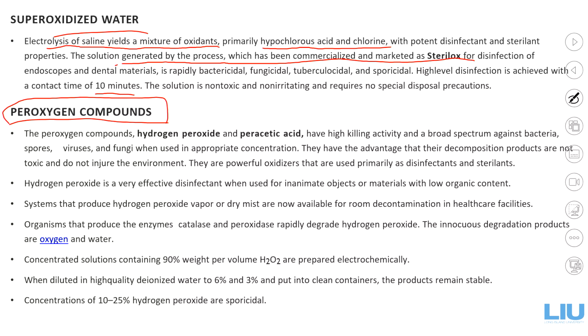We've seen hydrogen peroxide; it's a commonly used disinfectant and sterilant. I think they have a mechanism of action here. Organisms that produce enzymes catalyze peroxide rapidly. No, that's their inactivation. Anyway.